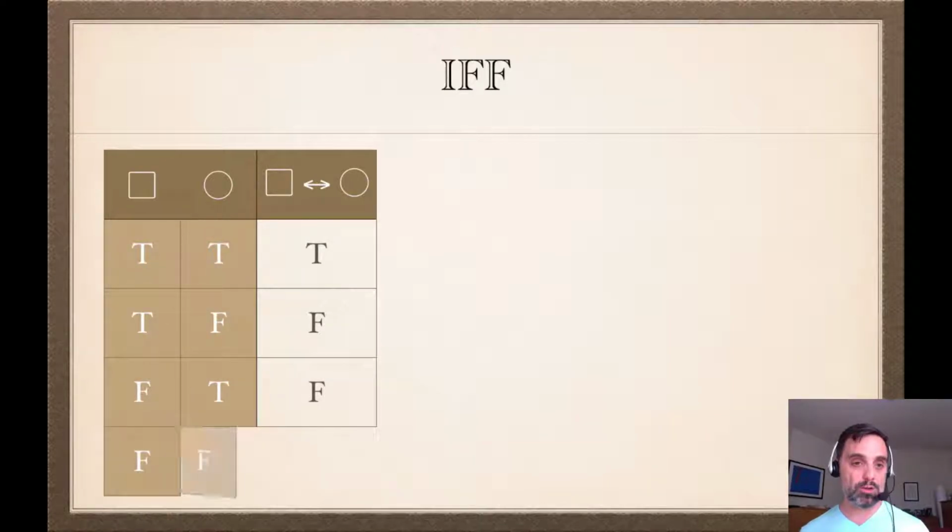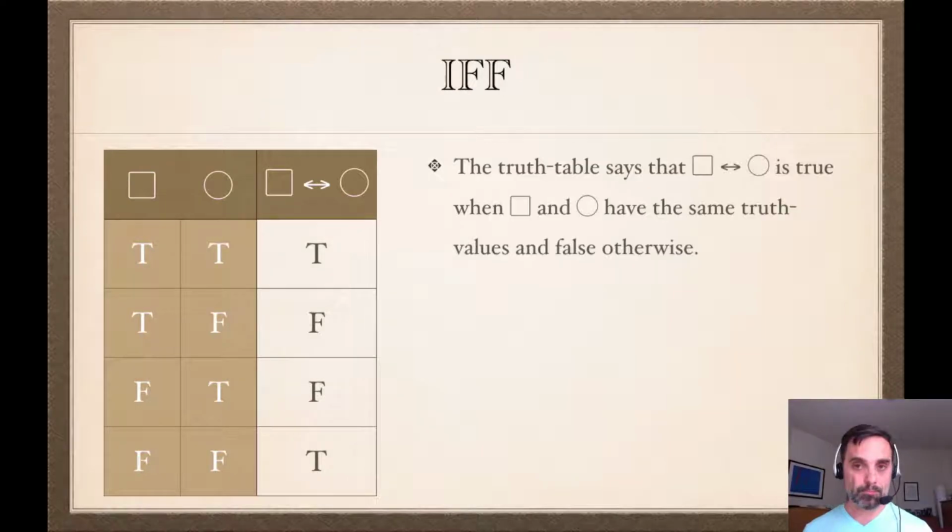But if square and circle are both false, then the whole thing is true. And so the truth table tells us, and there's nothing about conditionals here, it just says that the biconditional, square if and only if circle, is true whenever the components have the same truth value, and it's false when they have different truth values.